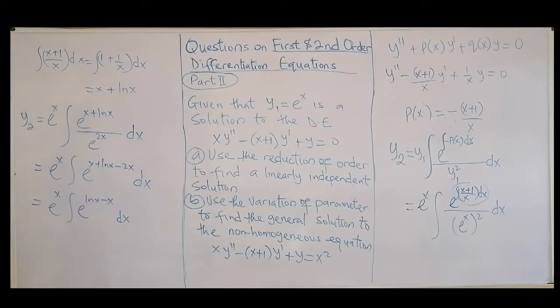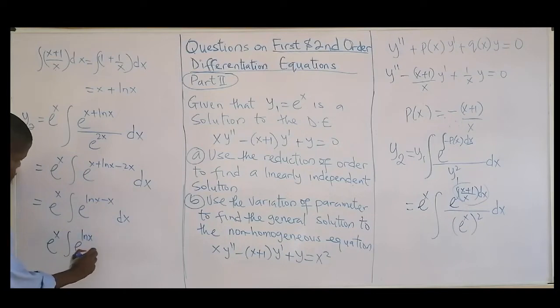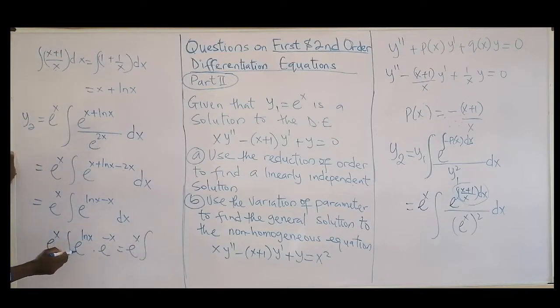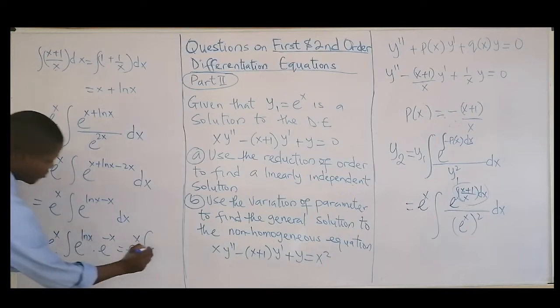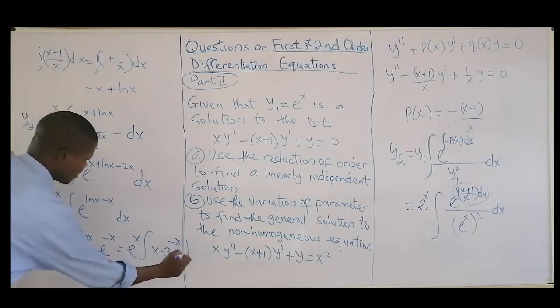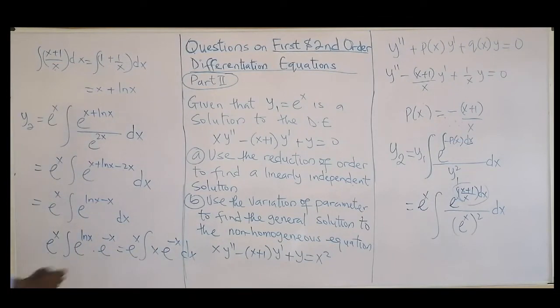Don't forget that e to the ln x will give you x. Then you have e to the minus x dx. So that's what we have now.